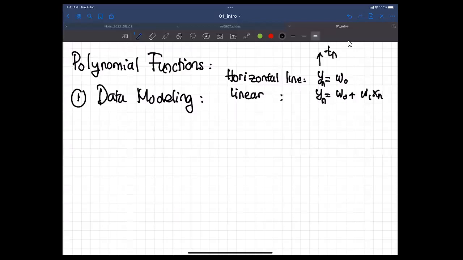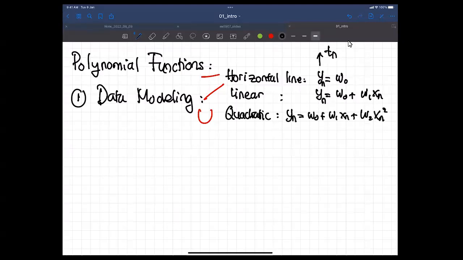Okay, so that's linear, but if the curve is quadratic, the curve is something like this, something like that, right? If it is quadratic, then it's more complex. yn equals what? W0 plus W1 xn plus what? W2 xn squared.